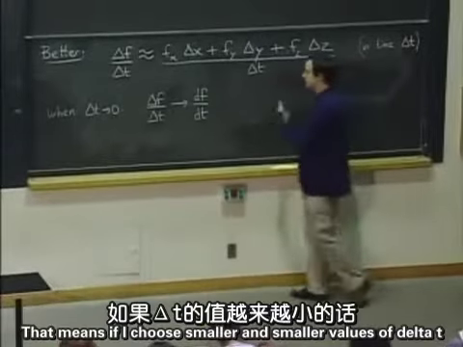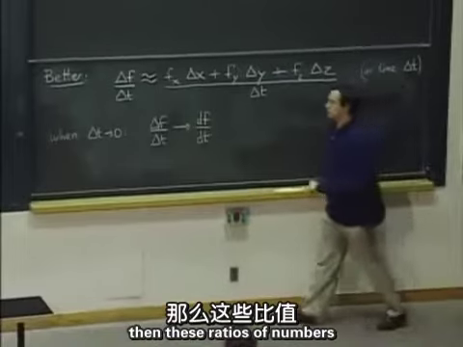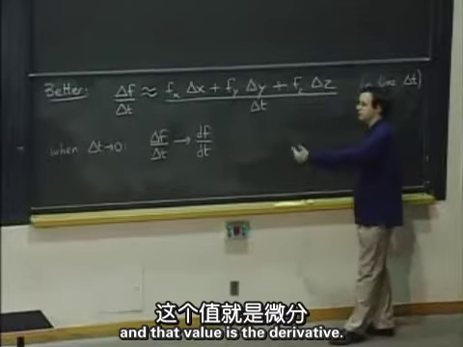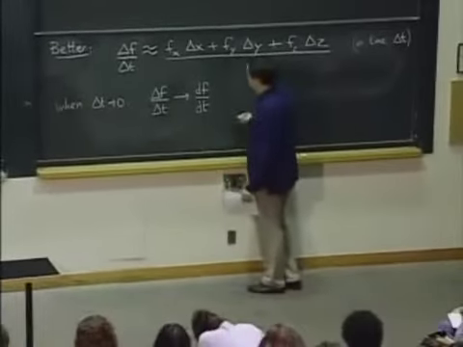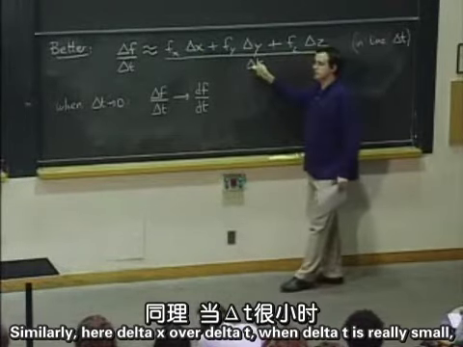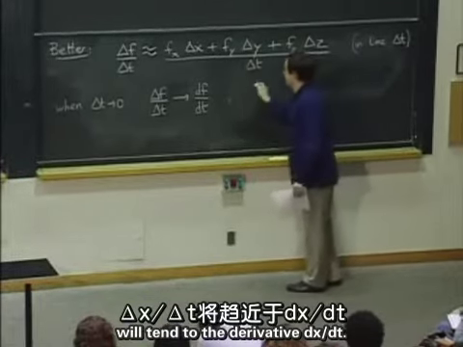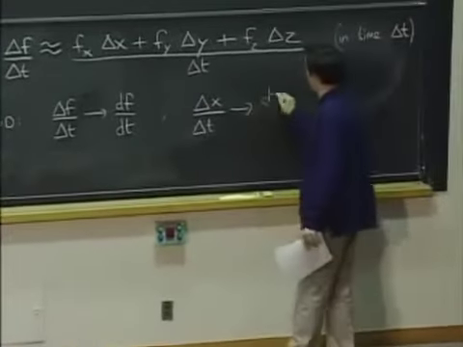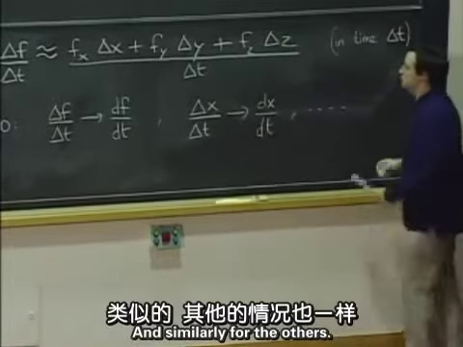So that means if I choose smaller and smaller values of delta t, then these ratios of numbers will tend to some value, and that value is the derivative. So similarly, here, delta x over delta t, when delta t is really small, will tend to the derivative dx dt. And similarly for the others.